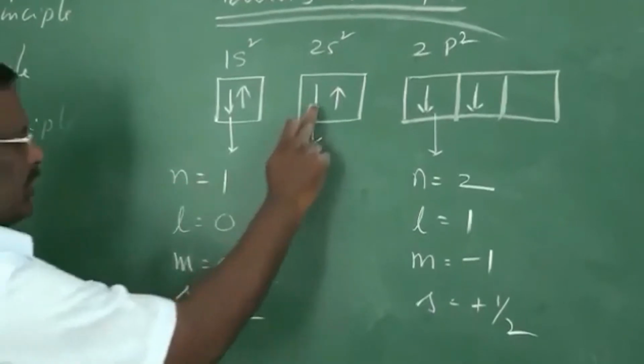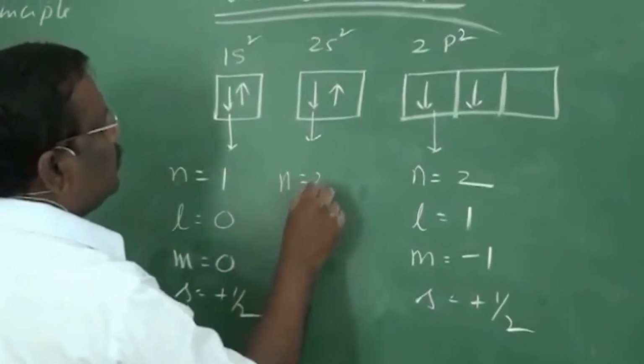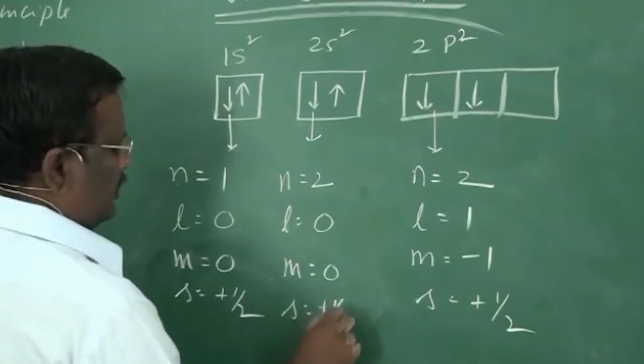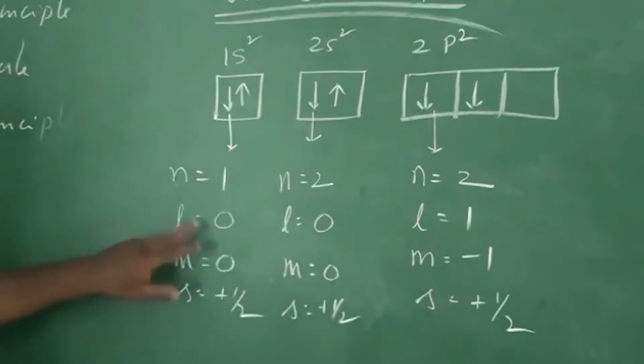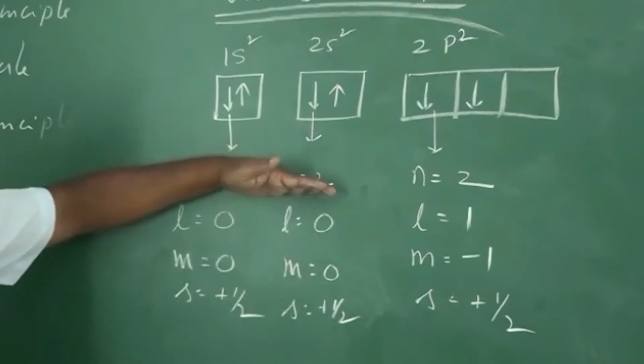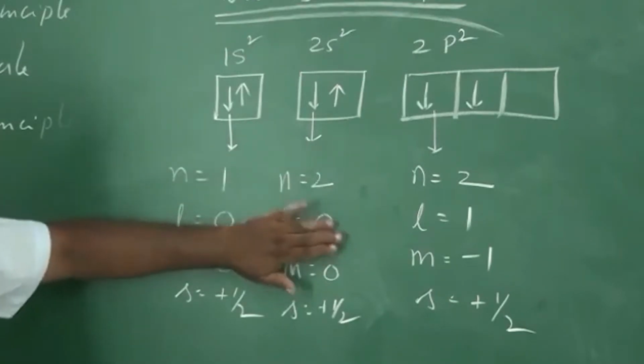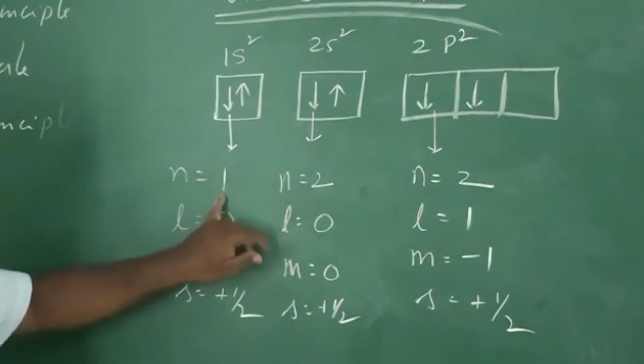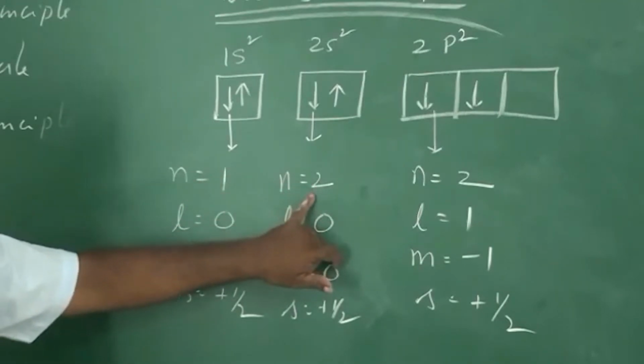Let us write for this electron, n is equal to 2, l is equal to 0, m is equal to 0, s is equal to 1/2. So if you compare these 2 electrons, the l value is the same, the m value is the same, the s value is the same, but the n value for this electron is 1 and for this electron it is 2.